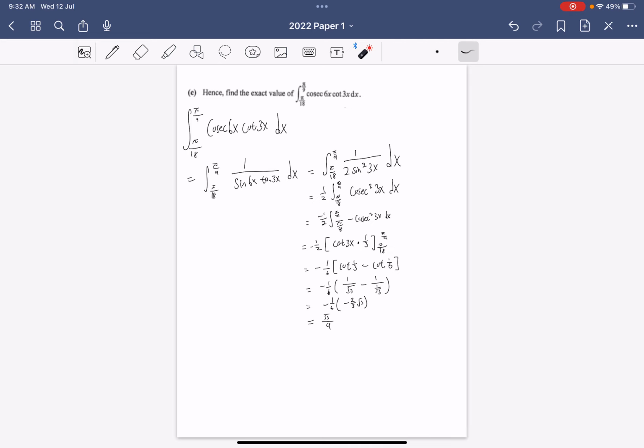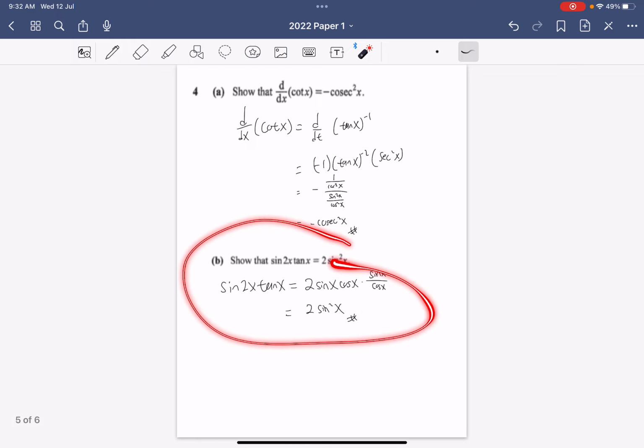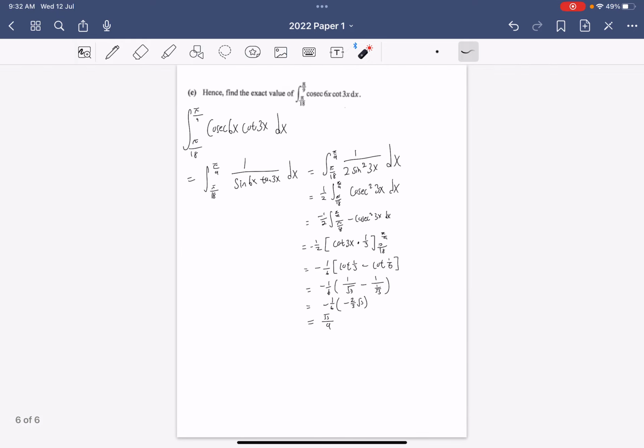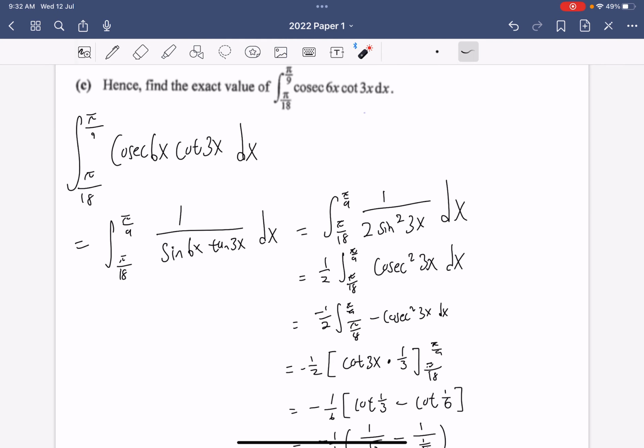And the last part of this question is really testing whether you know that integration and differentiation are a sort of reverse of each other, and how you want to simplify it is to use part b. So what do I mean by that? Well, we get cosecant 6x and cotangent 3x.